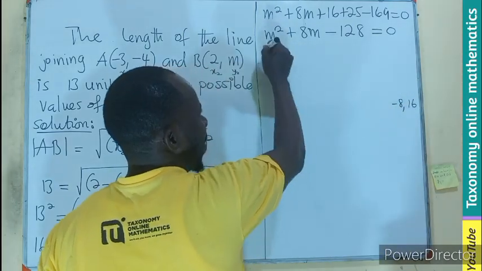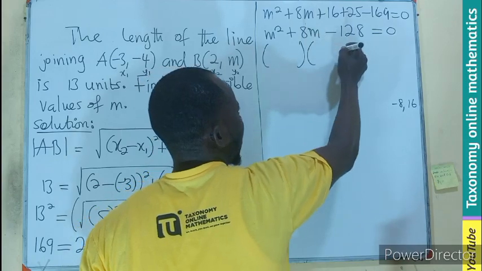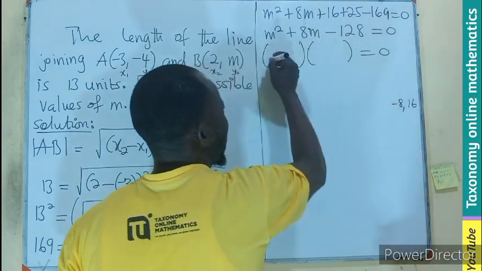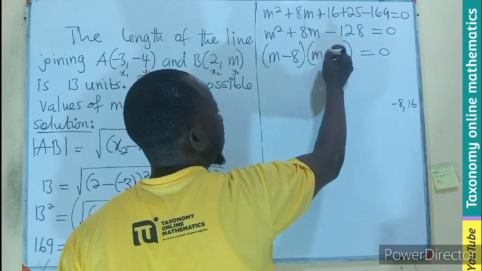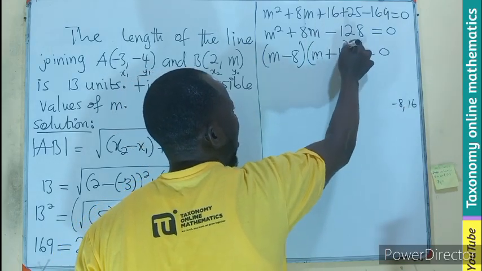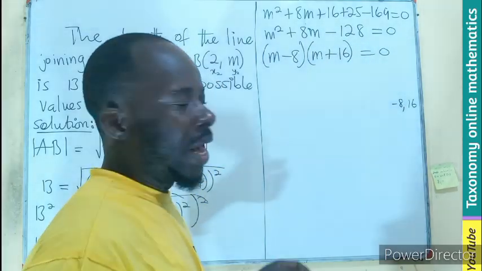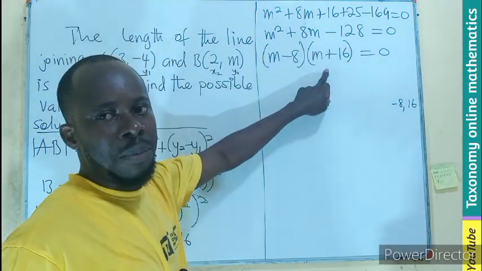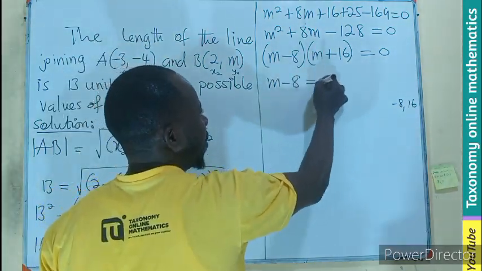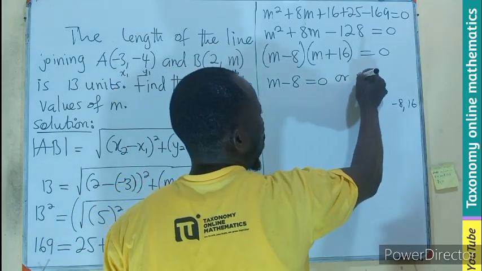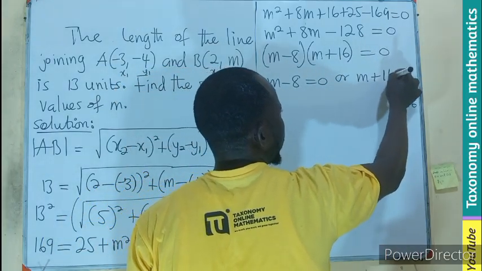Remember our shortcut? We open the two brackets, we have the variable, we pick one of the factors, minus 8, then the variable, and the next factor, plus 16. And remember, if two brackets are multiplied to give 0, it means the first bracket is equal to 0, or the second bracket is equal to 0.